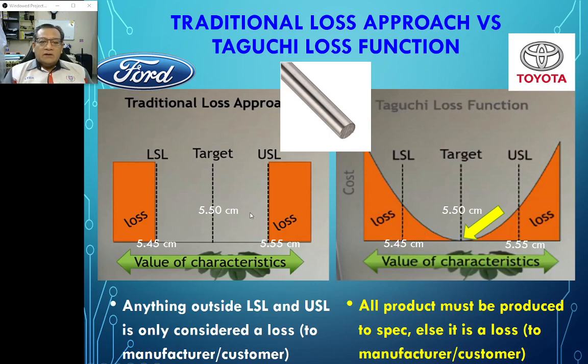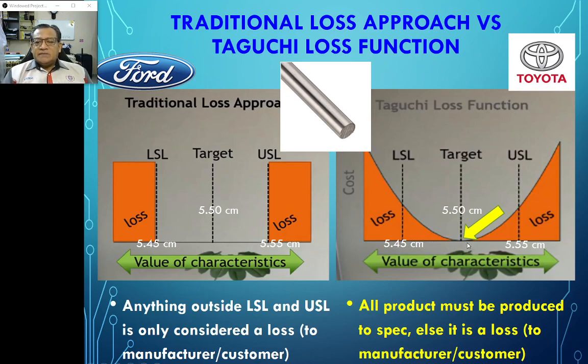In the older function, you cannot ship to the customer only if it is bigger than 5.55. However, Dr. Taguchi put in a much more stringent requirement: even at 5.46, it is still considered a loss to the customer, because the customer will experience a less efficient assembly into their equipment.